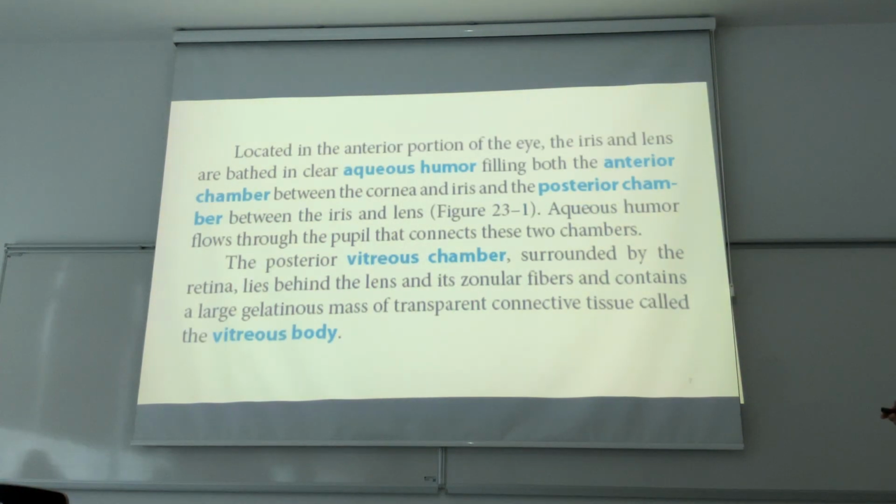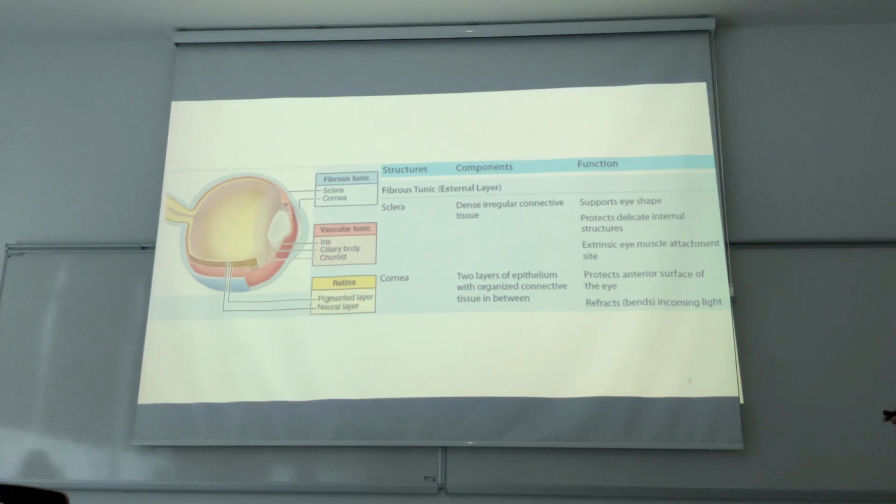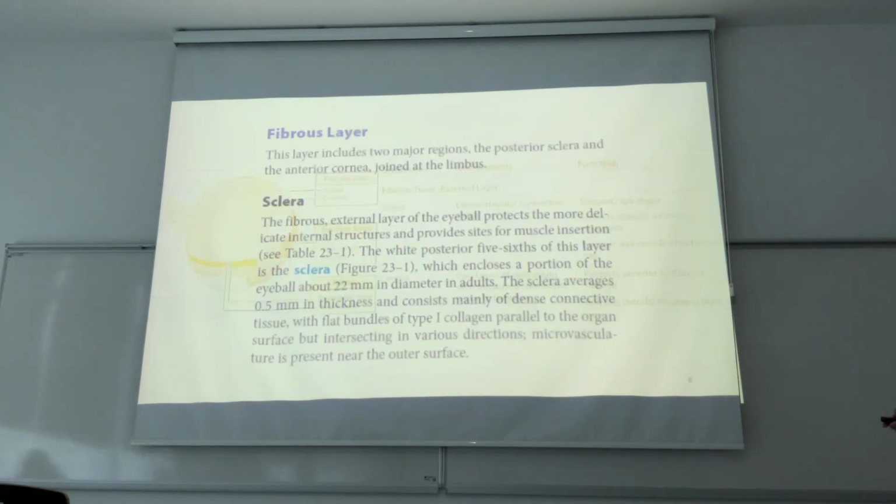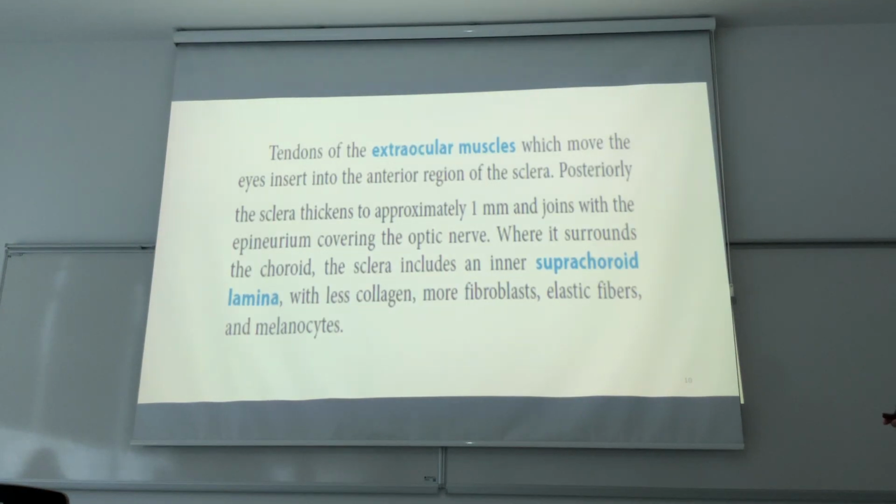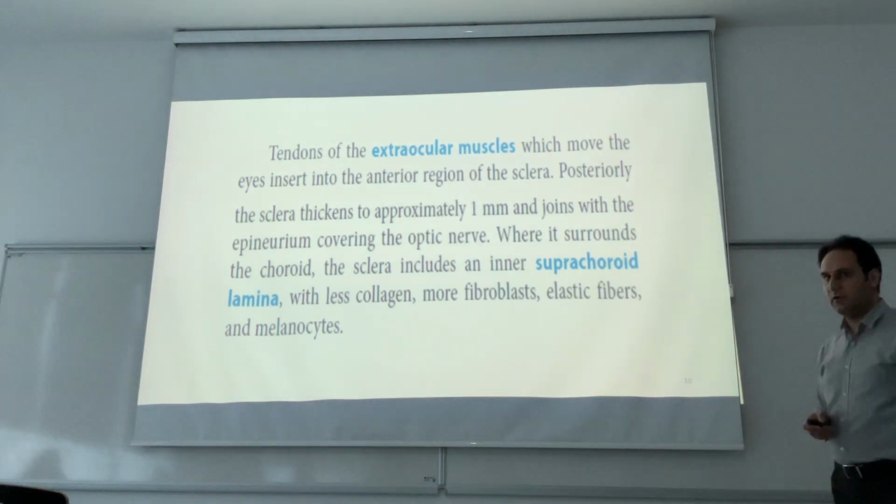We talked about these structures: the posterior chamber, the anterior chamber, and also the sclera and cornea, the fibrous layer. The sclera has a deeper layer known as the suprachoroid lamina, or layer, present on the outer side of the choroid.